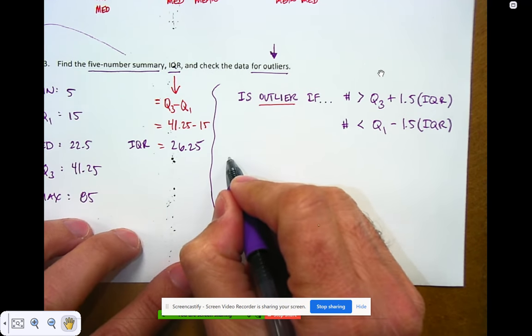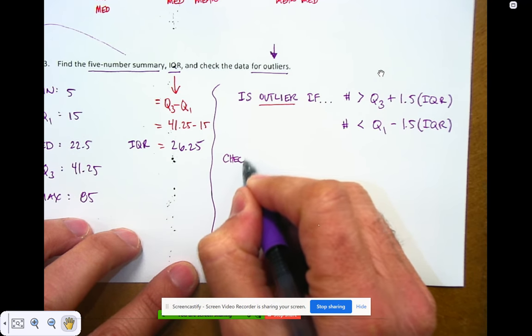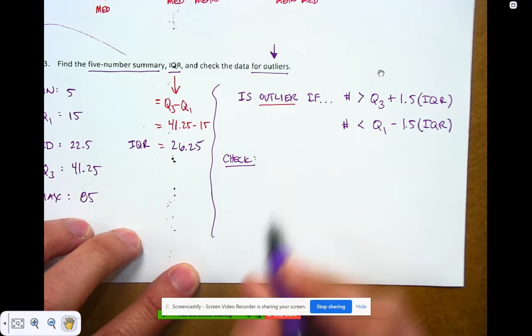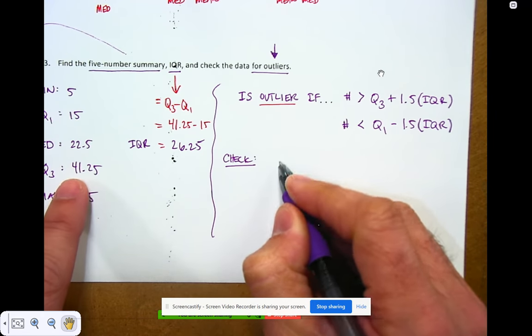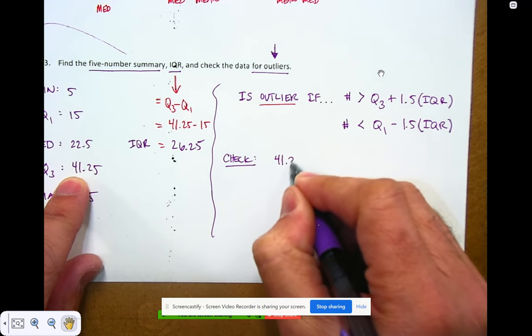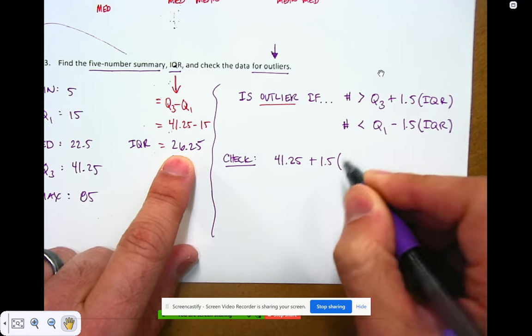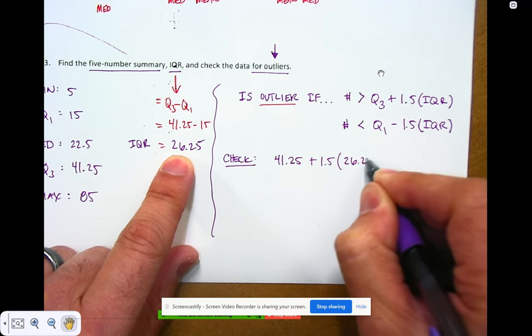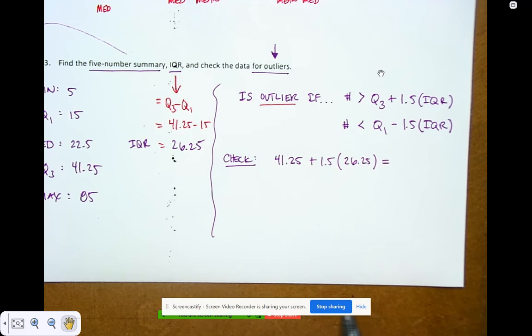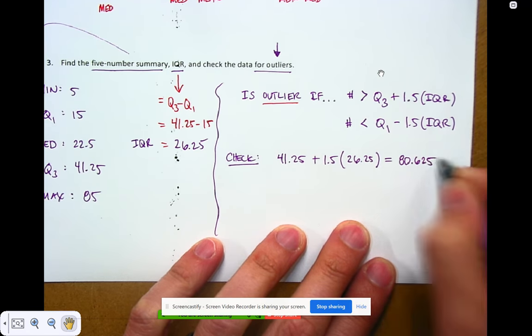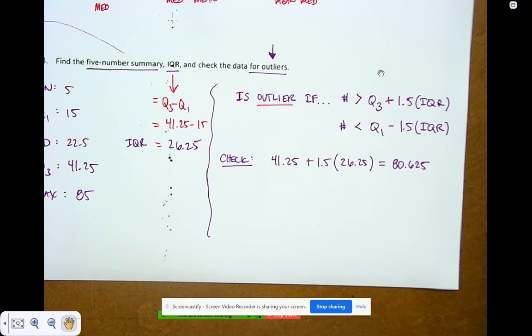So let's check to see if there are any. So let's do the first one. Quartile 3 was 41.25 plus 1.5 times IQR. And that will give you a number. And that number is going to be 80.625. What the heck is that?